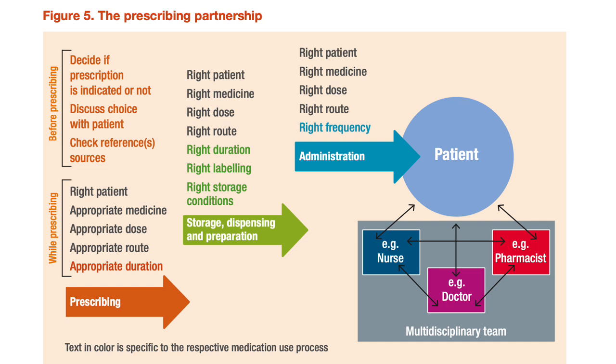When the pharmacist gets the prescription, he or she should review it, make sure it is for the right patient, and that it is the right medication, dose, route, duration, labeling, and storage condition, and give educational material to the nurse and to the patient.